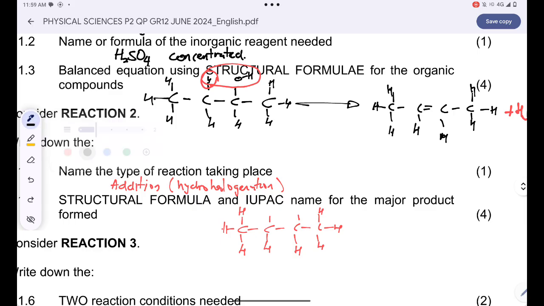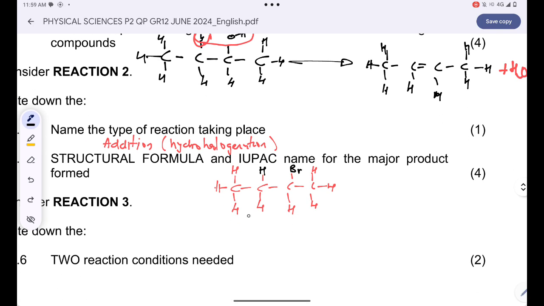And then, guys, you can draw your Br over here or over there. It's fine. The IUPAC name will still be the same. It's one and the same compound. This is called 2-bromobutane.